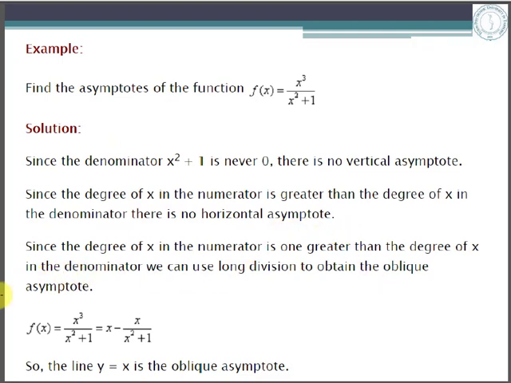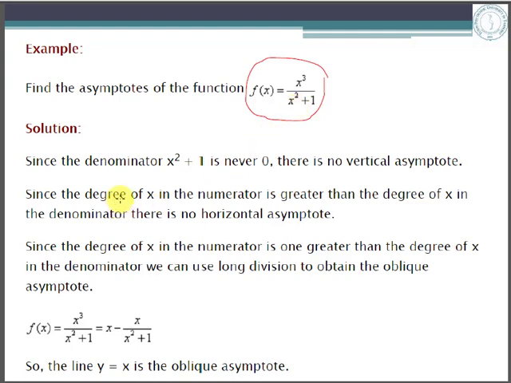Example: find the asymptote of the function x cubed over x squared plus 1. So look here. Here the degree of the numerator is 1 more than the degree of the denominator. So we can find by long division the oblique asymptote of this function.